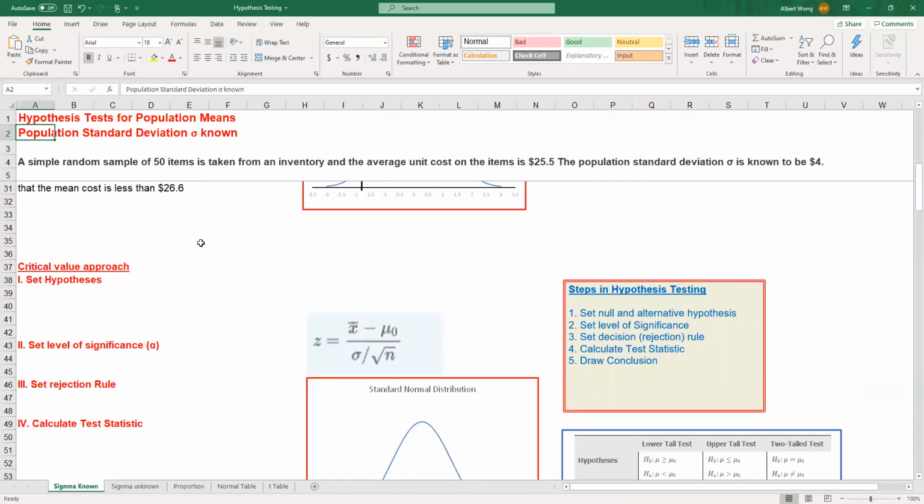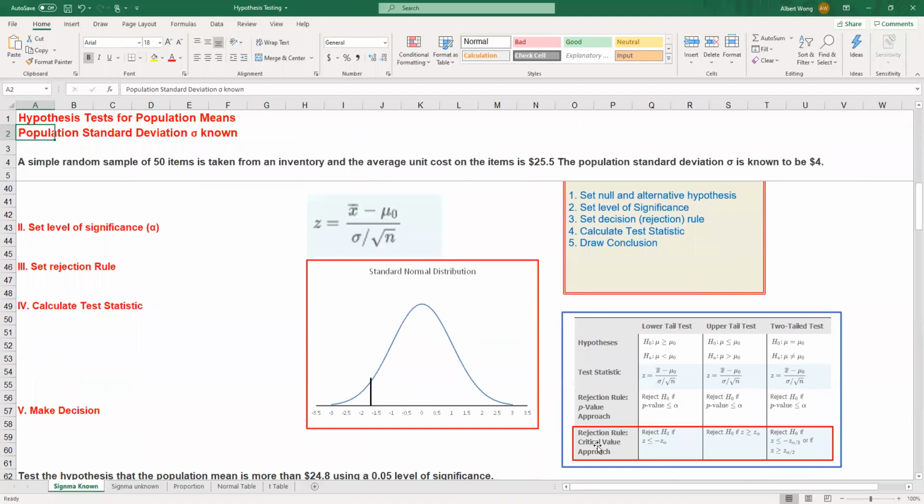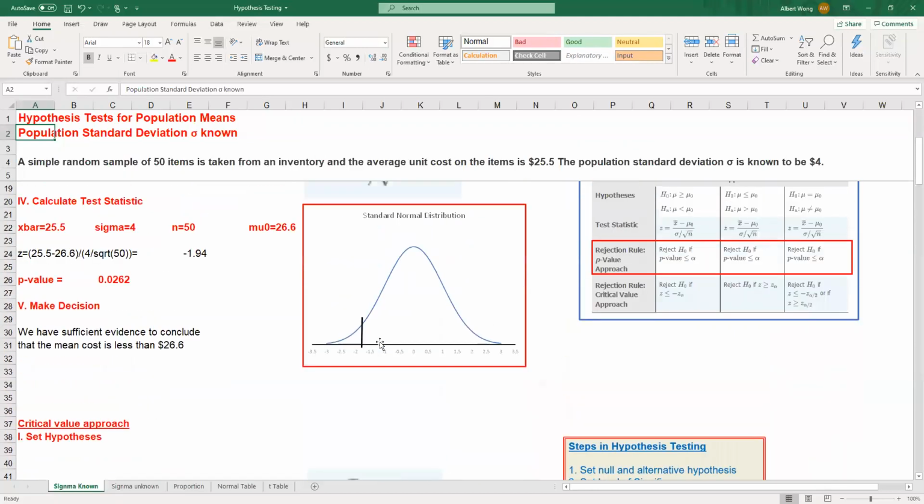Another approach of doing the same problem is called the critical value approach. In the critical value approach, the decision rule is a little bit different. Instead of comparing area, so in the last case, we compare this area, which is the p-value, with alpha, and see whether the area is less than alpha.